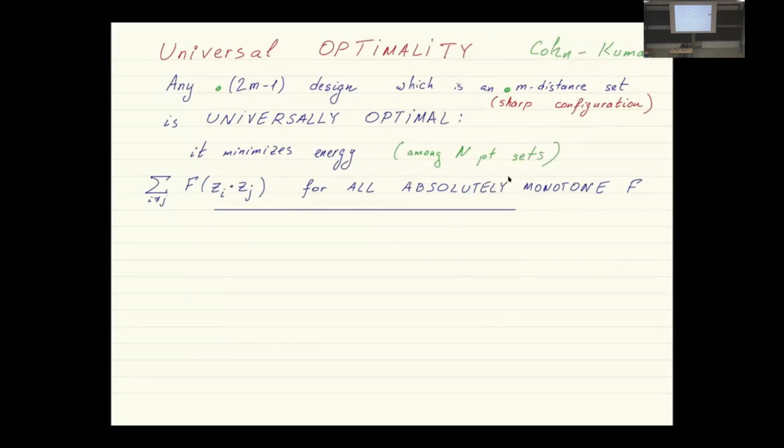Draw a graph and try to explain the idea. Well, here's your function f. And here are the m distances of your set.